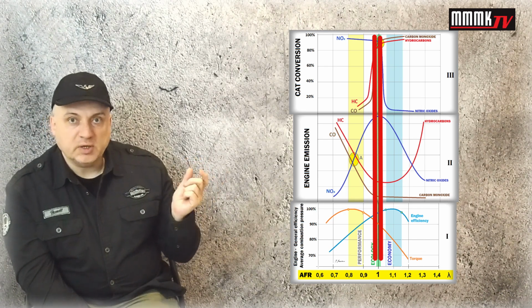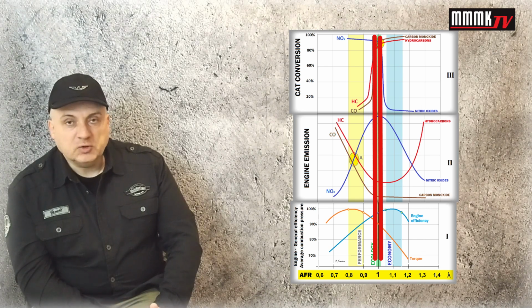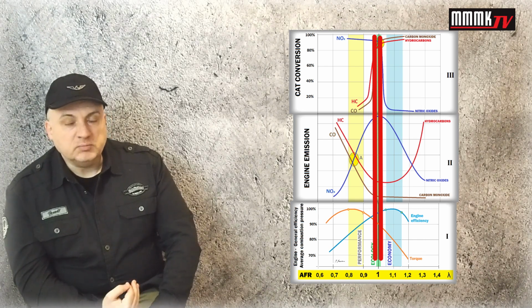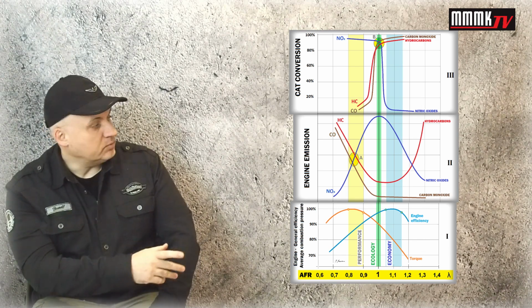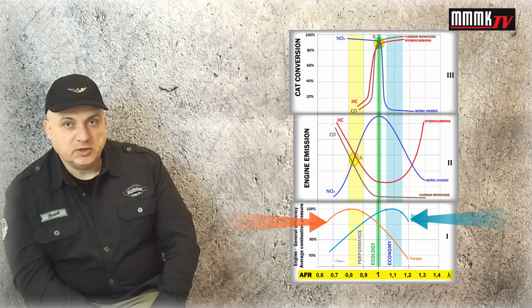Lambda 1 plus minus 3%, which is not totally perfect for the economy, what we can see on the blue curve on the bottom diagram, and which is not perfect for the performance, as the orange curve on the bottom diagram shows.